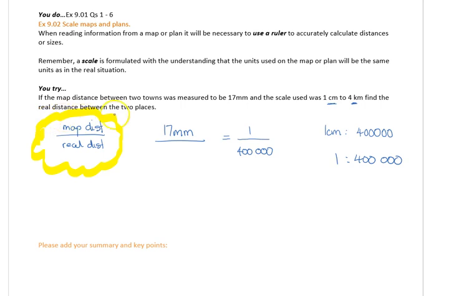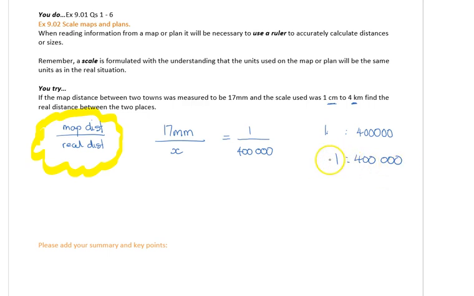Find the real distance between the two places. So that's x. Now, although we set up our ratio in centimetres, doesn't mean now that we have to be working in centimetres. Once we set up our ratio using the same units, we drop the units off. And that's what is so good about a ratio.